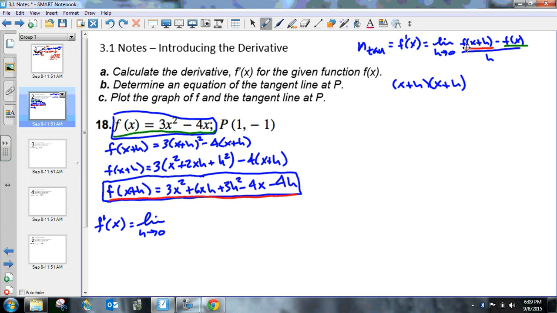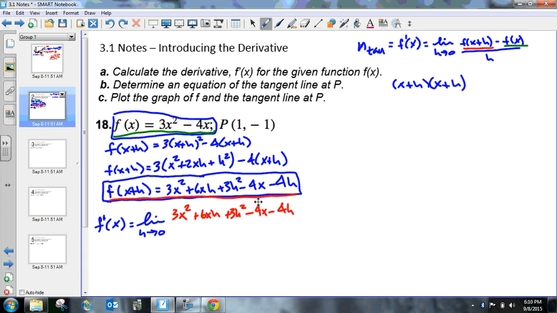Now instead of writing f of x plus h, I'm going to write what f of x plus h is equal to. Let me change to red: 3x squared plus 6xh plus 3h squared minus 4x minus 4h.